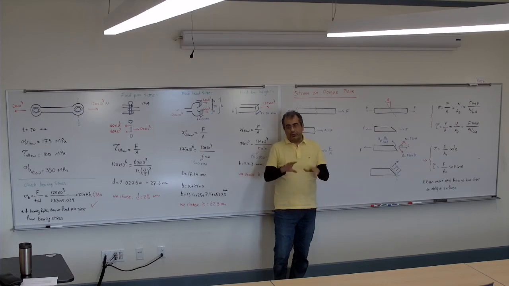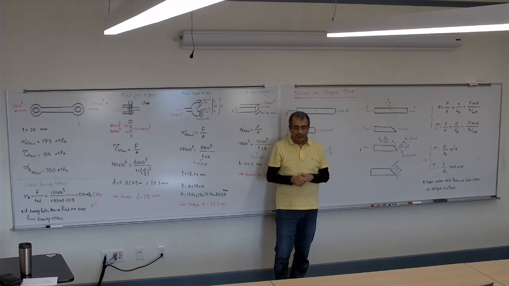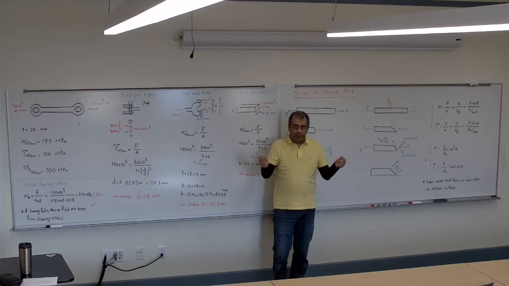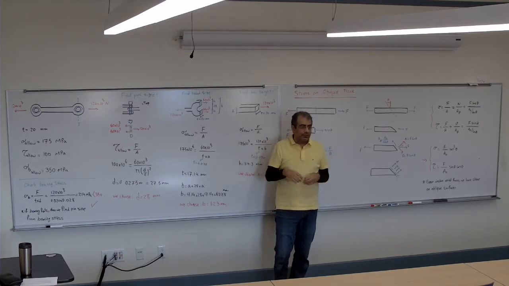If you have a material that in all directions has the same properties, still it might break at an angle. There's no guarantee that it's going to break exactly in the normal. And if it's worse, if the material has different properties in different directions, then when you pull it, it doesn't say that it's going to break exactly in that direction. It might be weaker in another direction and break in those directions.